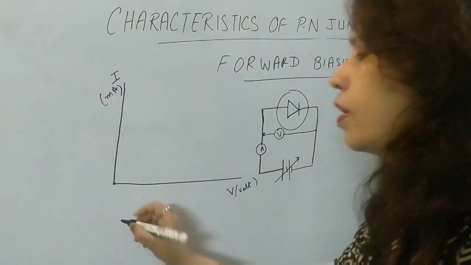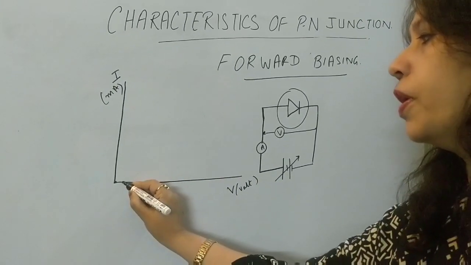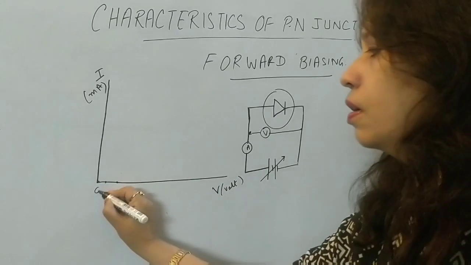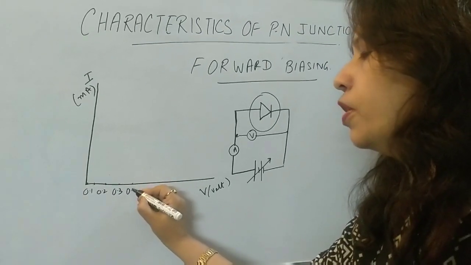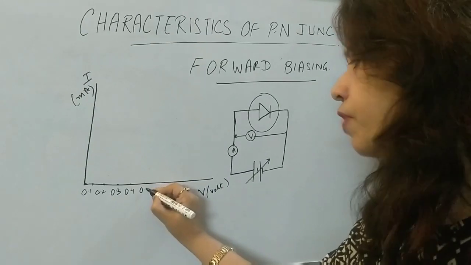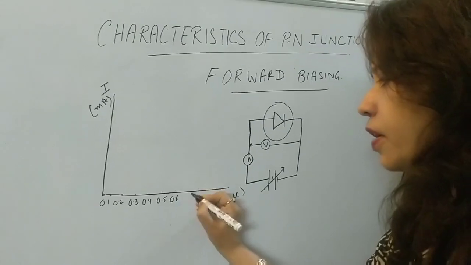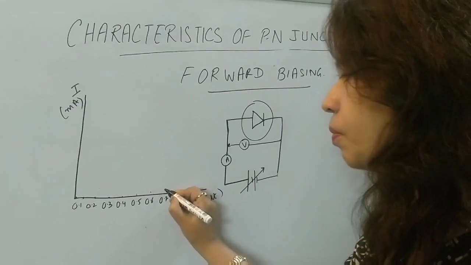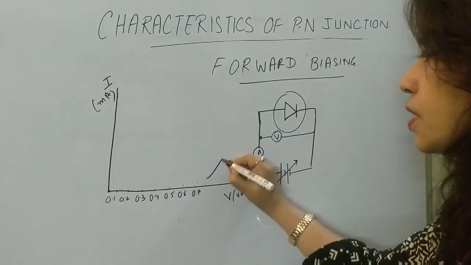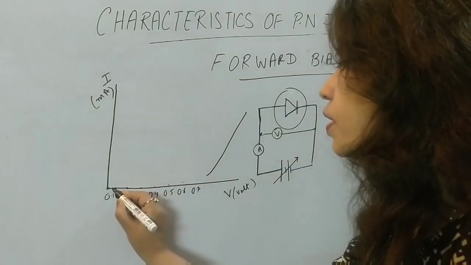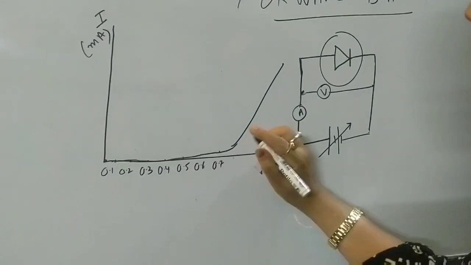Now if the voltage is 0.1, no current is there. 0.2, no current. 0.3, no current. 0.4, no current. 0.5, slight current. 0.6, slight current. 0.7, a little more. And beyond the 0.7, the current now increases rapidly. So if we join the points over here, we get this type of graph.